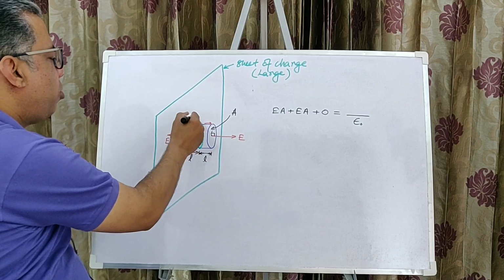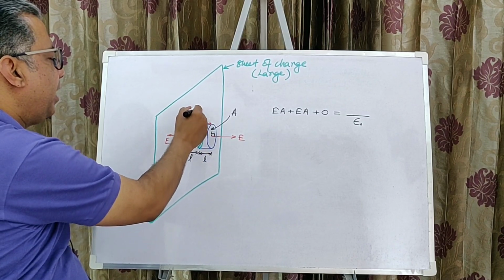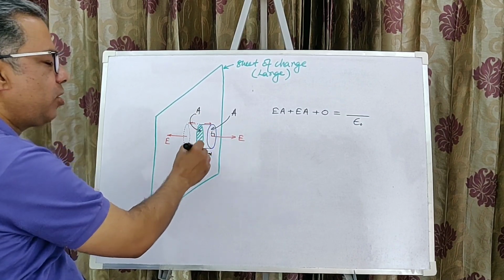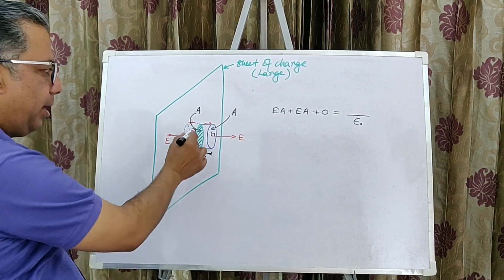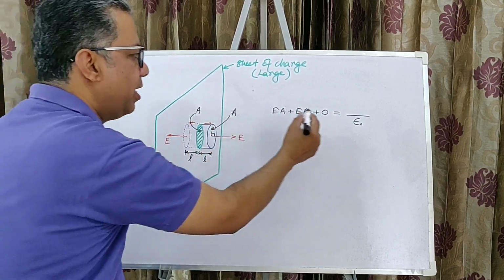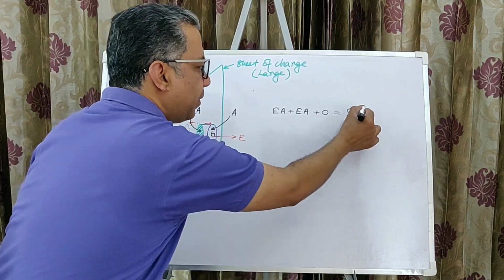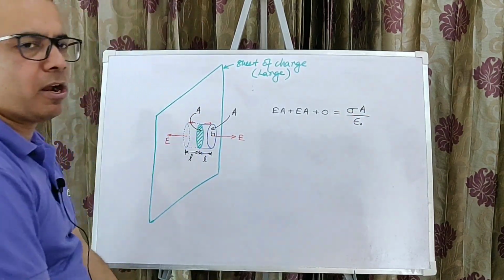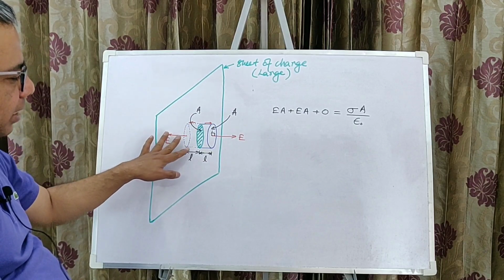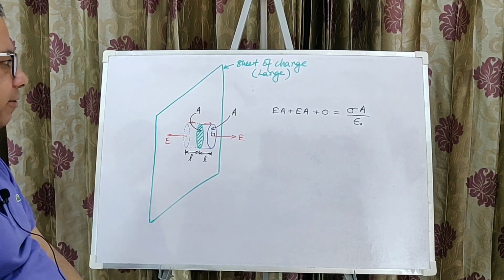This portion also has an area A, which is equal to the cross-sectional area of this cylinder, and therefore the charge on it will be the charge per unit area times the area A. This is the charge enclosed inside this Gaussian surface.